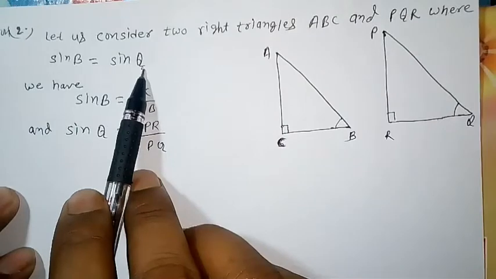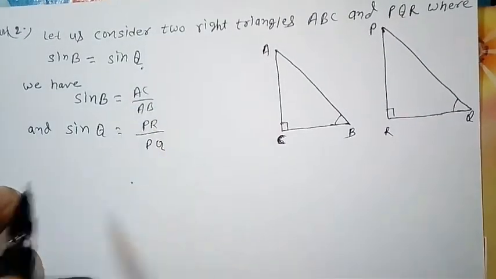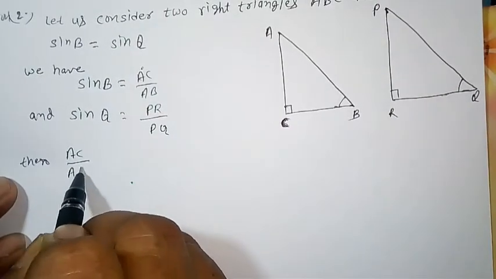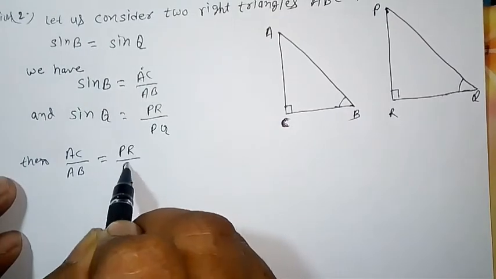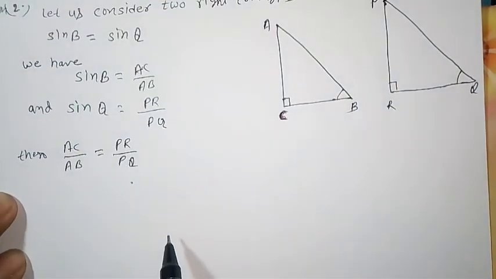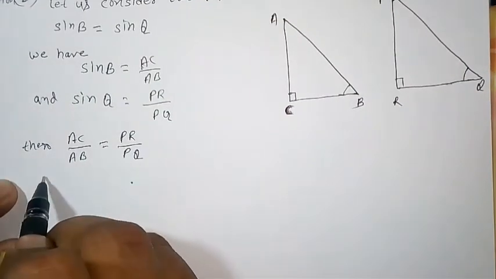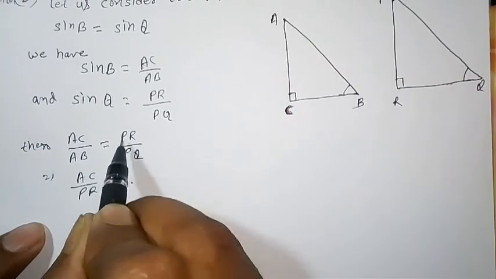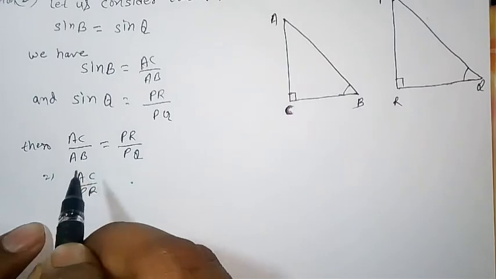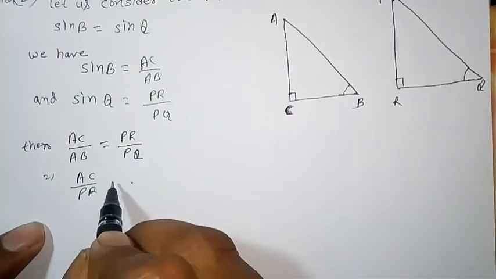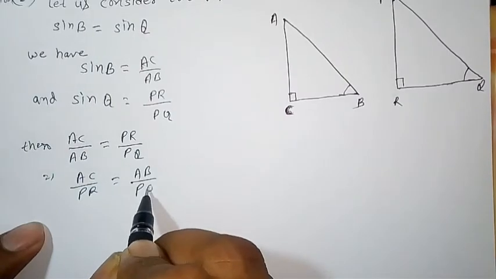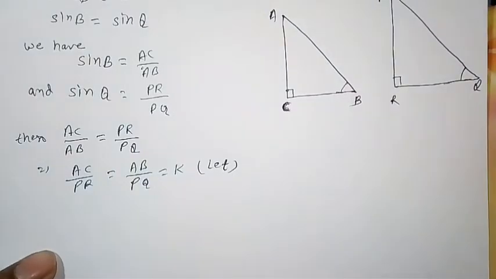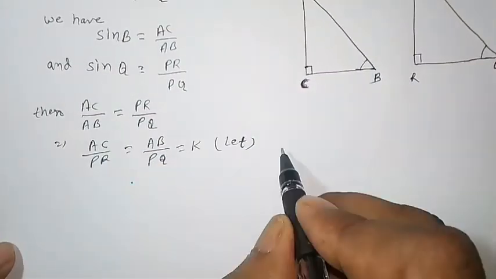Because sin B is equal to sin Q from the question, then AC by AB is equal to PR by PQ. Implies AC by PR is equal to AB by PQ, is equal to, let, K. Equation 1.